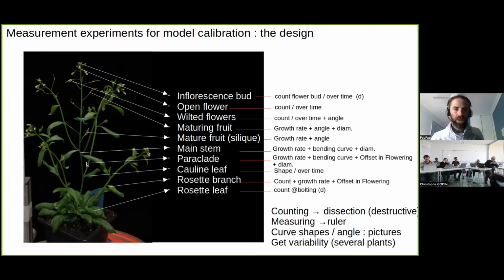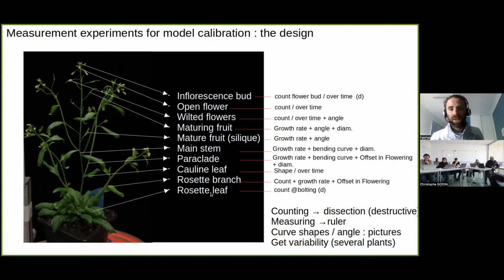Like I was saying, I was interested in the bending and the curve of the different branches here. It's not easy to measure, but if you take pictures, then you can try to use the pictures to calibrate this. So I made a mixture of measuring and noting all my counting and measurements in files, and also taking a lot of pictures that we can use as raw material to calibrate complex phenotypes such as shape, curves, etc.